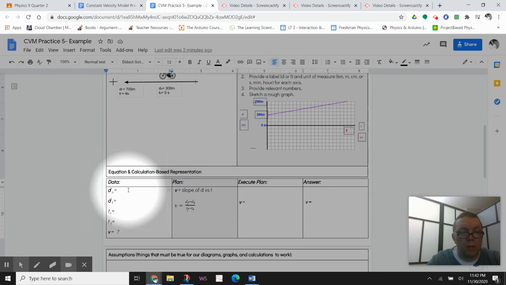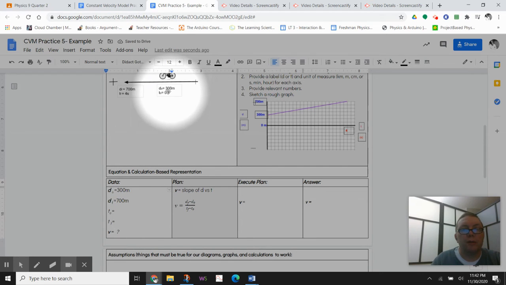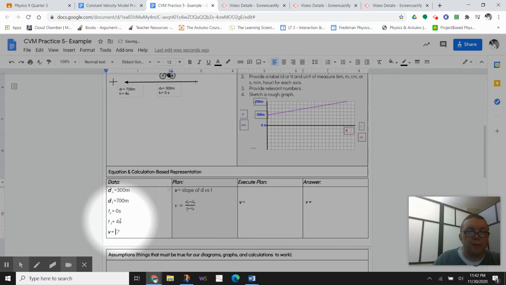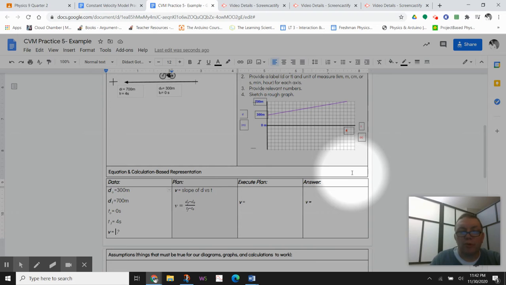DO, 300 meters, DF, 700 meters, TO, 0 seconds, TF, 4 seconds, and there you go. That's it for those. The V is a question mark in this example problem. We're trying to solve for that velocity.